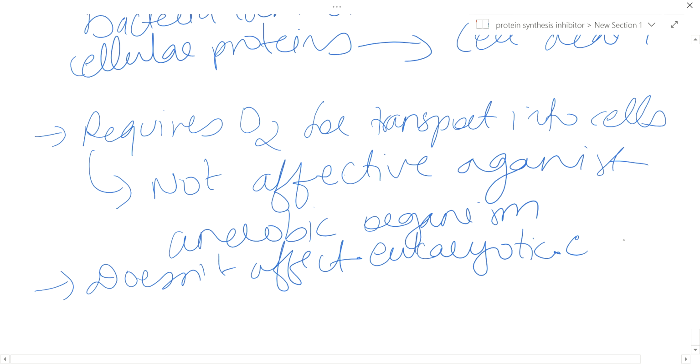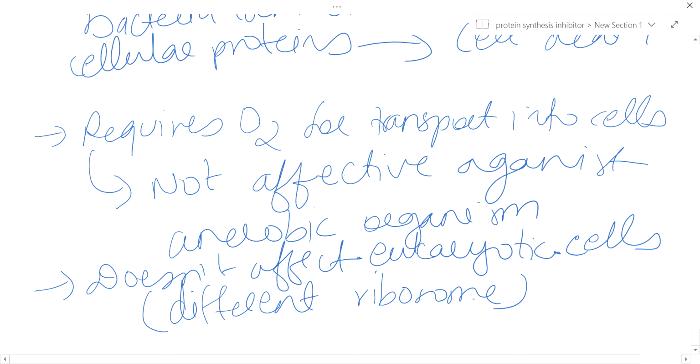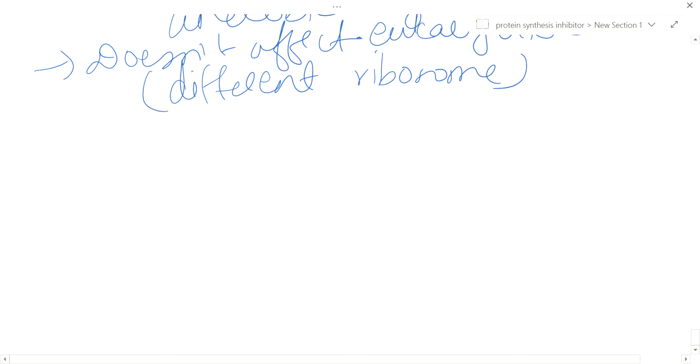So that's why it will not inhibit the protein synthesis of our body. It will only inhibit the protein synthesis of the bacteria, because we have different ribosomes. So it will not affect our body protein synthesis process.